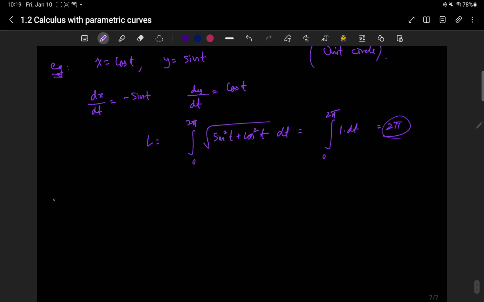Let's look at another example. Suppose we want to find the length of one arc of the cycloid, again given by x is r(theta minus sine theta), and y is r(1 minus cosine theta).